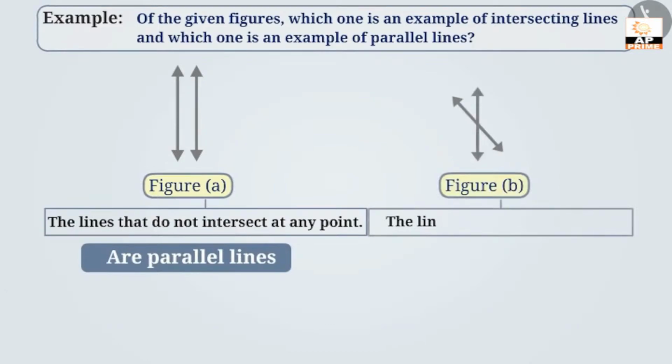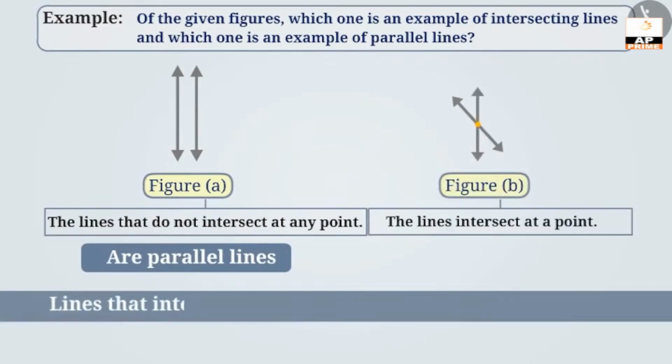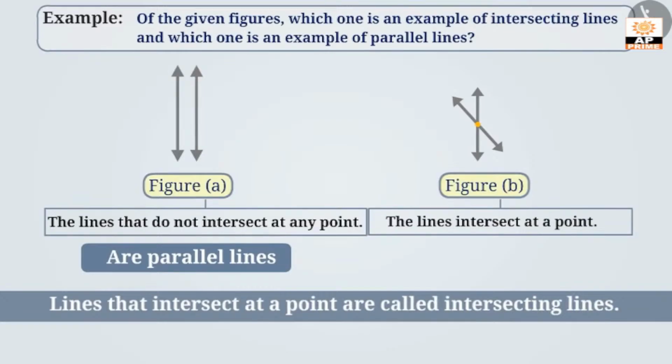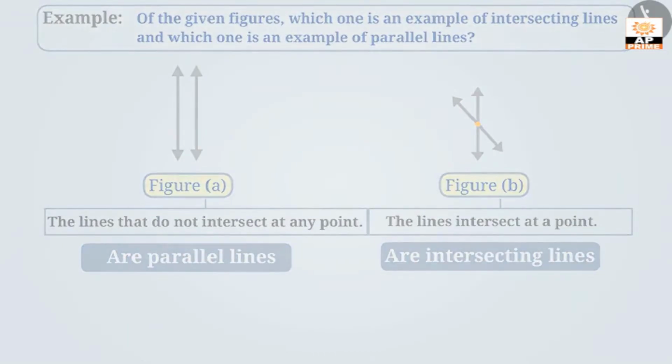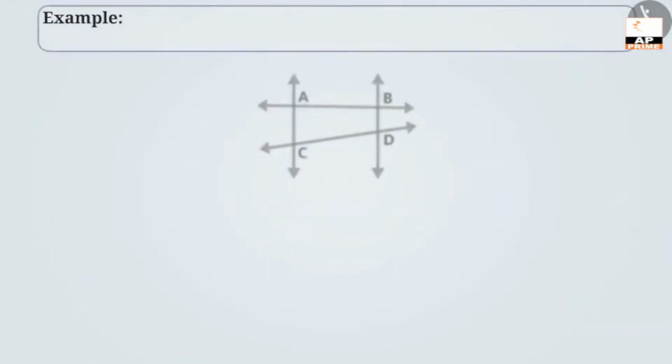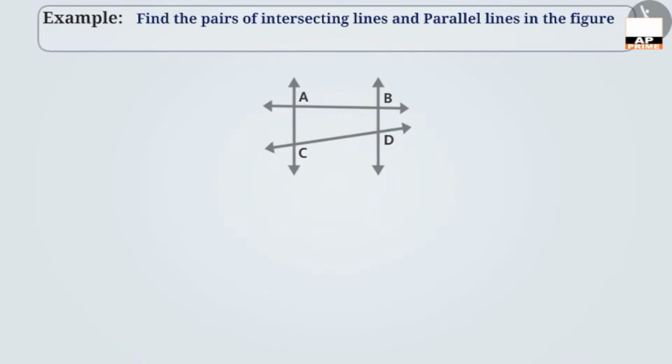The lines of figure B intersect at a point. Lines that intersect at a point are called intersecting lines. Hence, figure B is an example of intersecting lines. Next example, find the pairs of intersecting lines and parallel lines in the figure given below.